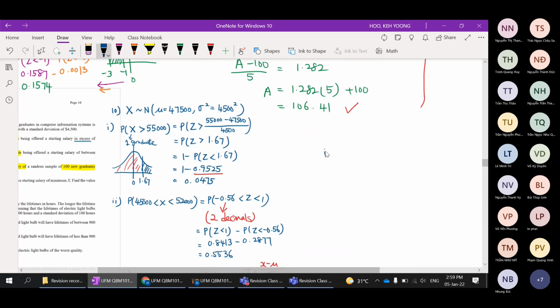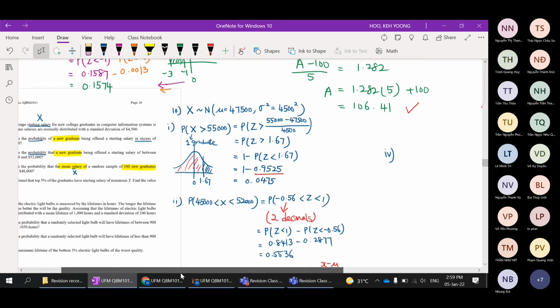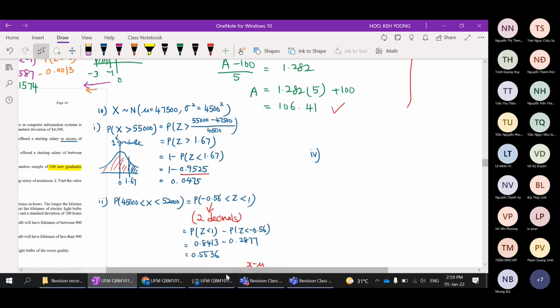Question 4: top 5% graduates have a salary of minimum X.